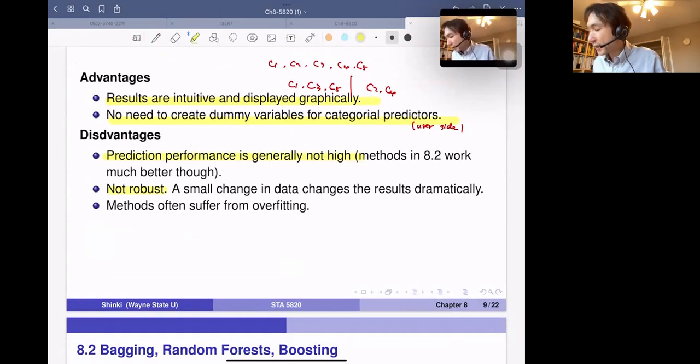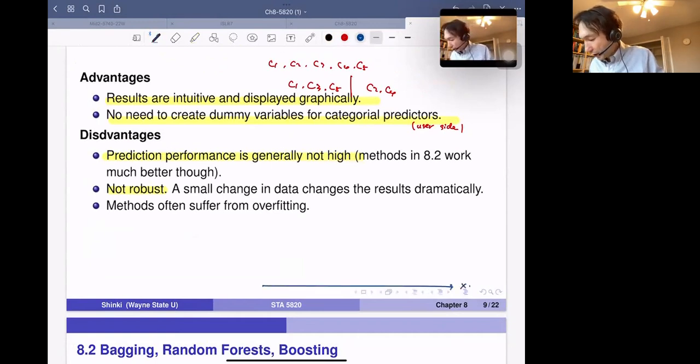And it's not robust; the split really depends on the data. If we have only X1 as a predictor, maybe we split here. This is one good way, but splitting here is also a good way.